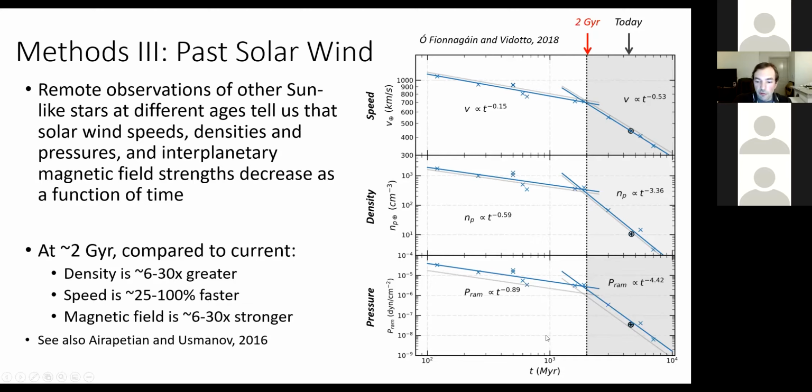We can make this kind of crude plot that shows how the solar wind changes with time: how its pressure, density, and speed change. And so we use some of these values in our simulations to more realistically simulate the solar wind.